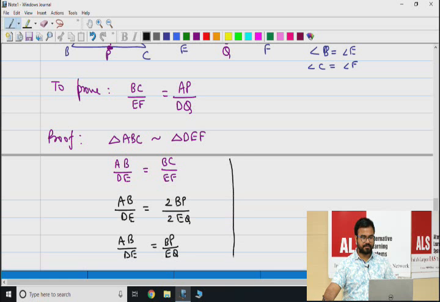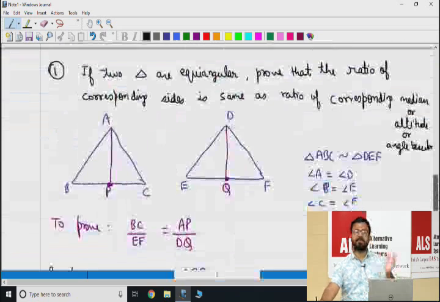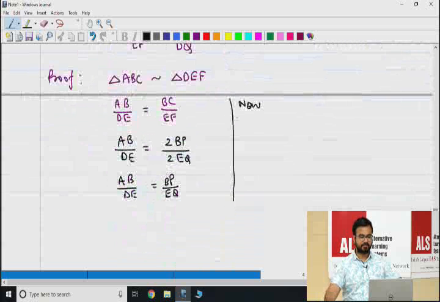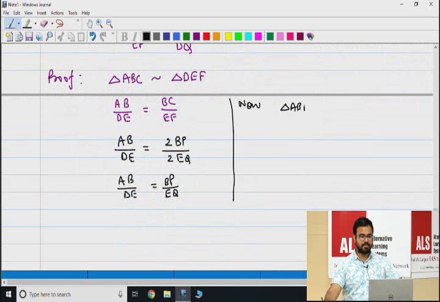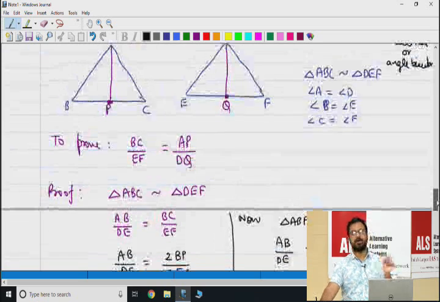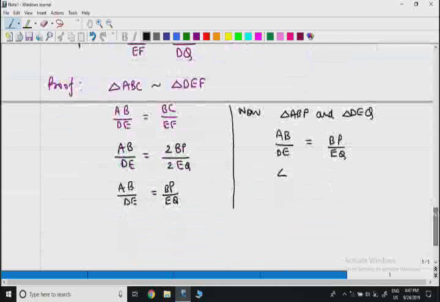Now what can we take? These two triangles, the left hand side triangles of both of them, triangle ABP and triangle DEQ. In these two triangles we know that AB over DE is equal to BP over EQ, and angle B and angle E are already equal. It is given in the question itself.